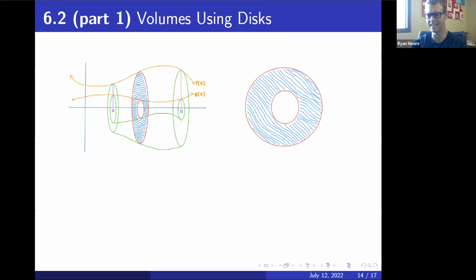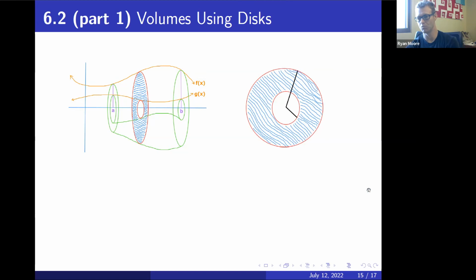How are we going to get the area of that blue zone? We want the area that the solid would take up, but we want to avoid calculating the area of the hole in the middle. Here's what we can do. We can find the area of the entire thing and then subtract the area of the center, and we'll have the area of the outer part.